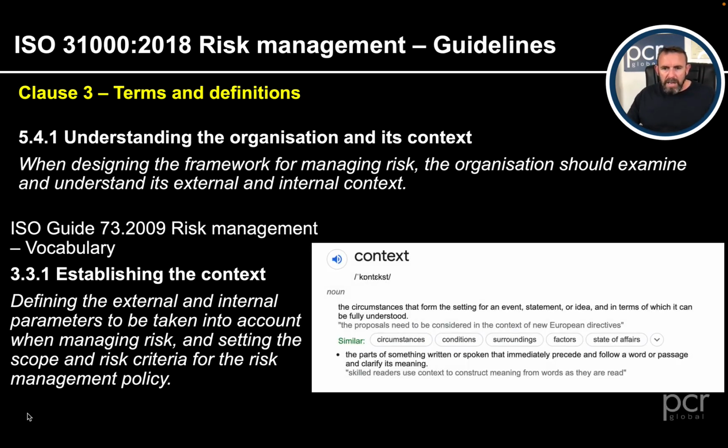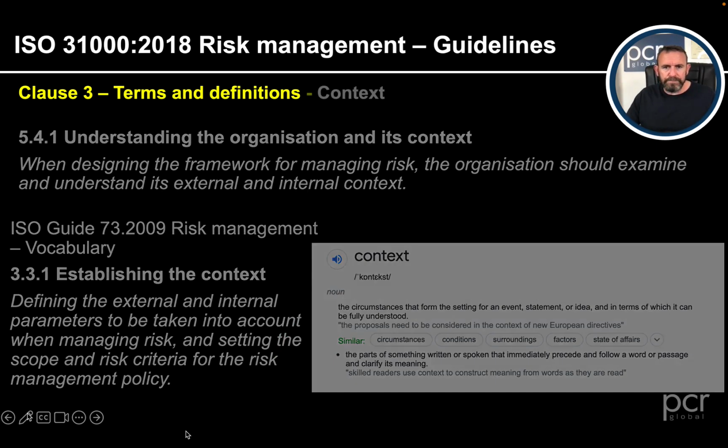And there I've just added some context, a screenshot from a dictionary definition. What does this tell us? The circumstances that form the setting for an event, statement or idea, and in terms of which it can be fully understood. So basically it is the situation. The context refers to the situation, whether that's internal, external, or the situation where we're going to undertake risk management, which is the risk management context.